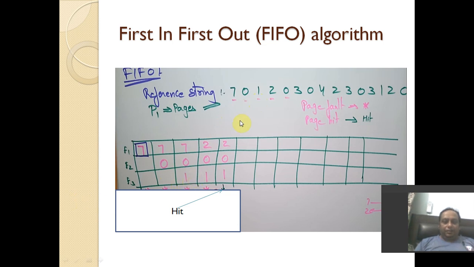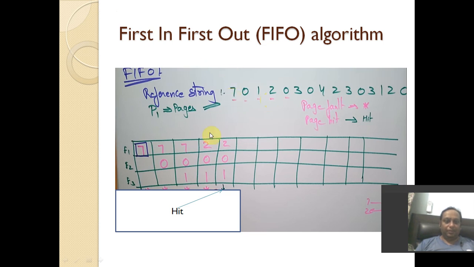After that, now the 2 comes. So already we have entered three values in the pages, and pages can only occupy 3 values. So now how can we enter another value of the string in the memory? We use the process first in first out.